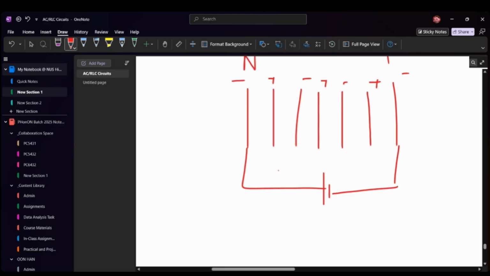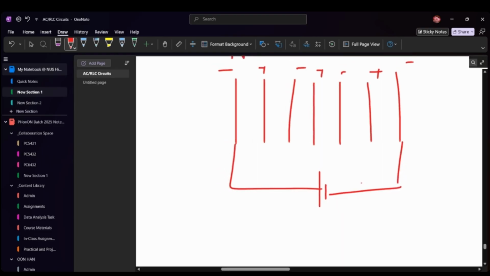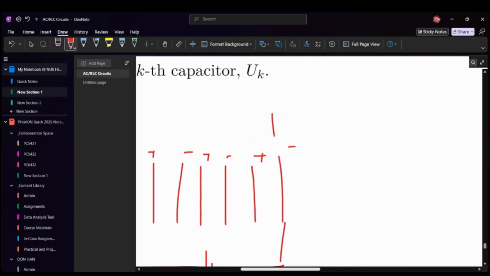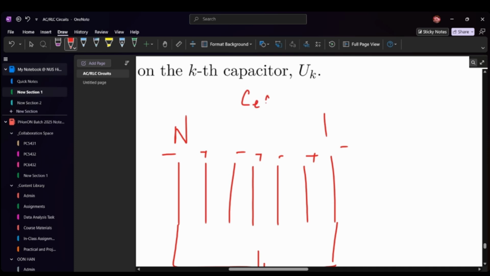So what exactly does that mean? That means your nth plate will carry some charge. If this is your voltage U, n-1 capacitors in series will have effective capacitance C over n-1.